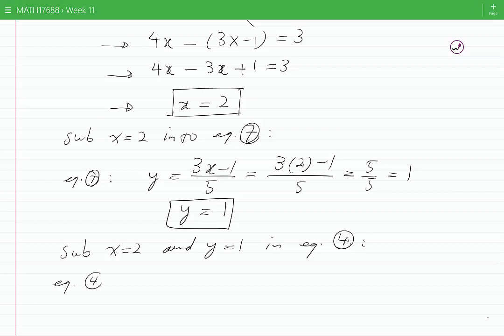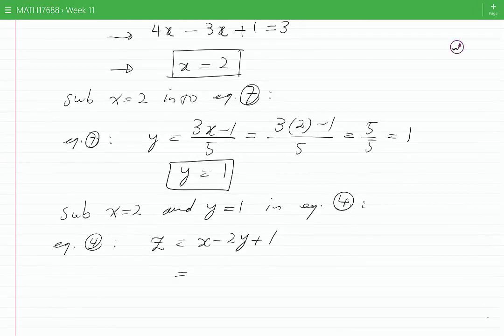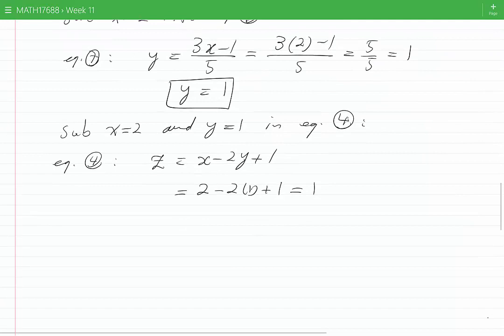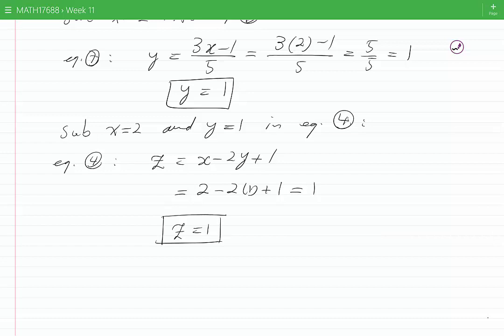Equation 4 says z is equal to x minus 2y plus 1, which becomes 2 minus 2 times 1 plus 1, which becomes 1. Therefore, z equal to 1 is the answer to this equation.